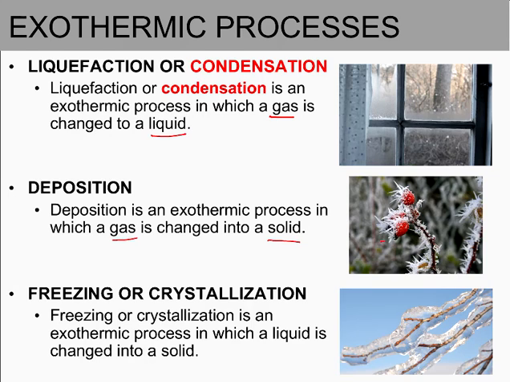And you can see some ice crystals forming here. And then freezing or crystallization is an exothermic process in which a liquid is changed into a solid. So if you've ever seen ice forming around branches on a tree, that of course is freezing or crystallization.